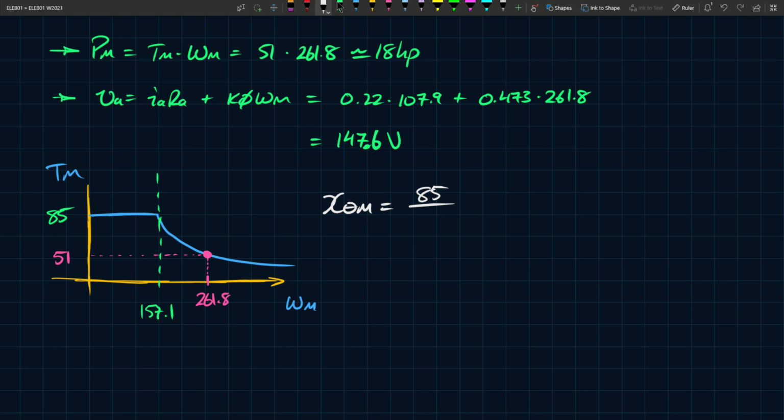The reference is 85 and the rated is 95, and this is 89.4%, or let's say 0.894. Now this means that we're using 89.4% of the rated IA, the armature current, because the armature current and the torque are directly proportional, right? So this is what we have here.